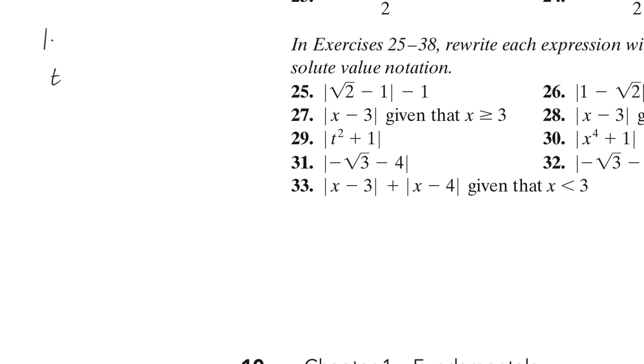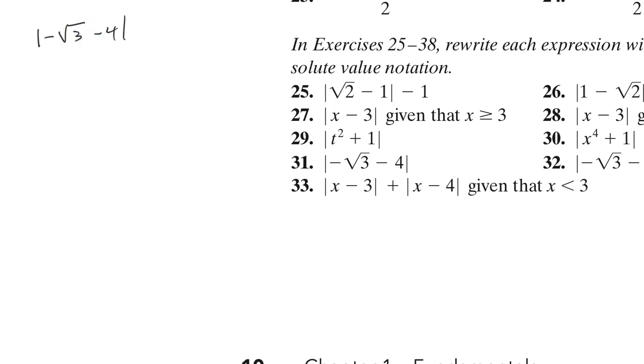Okay, moving on to maybe number 31. The absolute value of the opposite of the square root of 3 minus 4. Well, this is just a negative number, right? This is a negative number minus a number. The whole thing's just going to be negative.